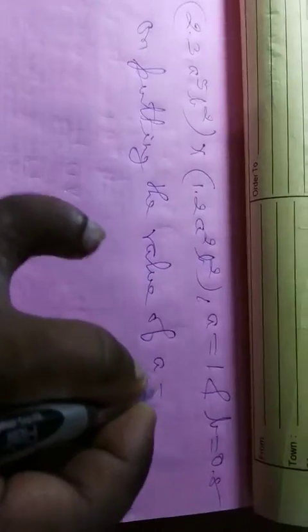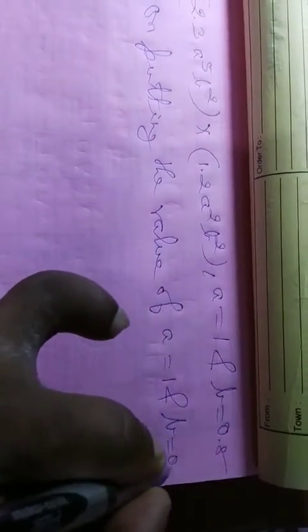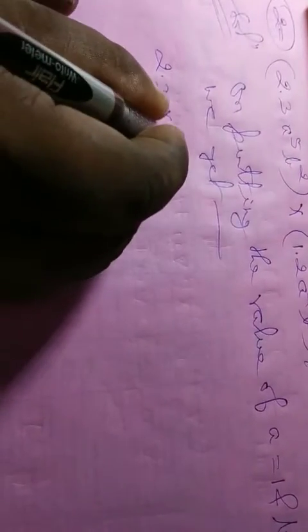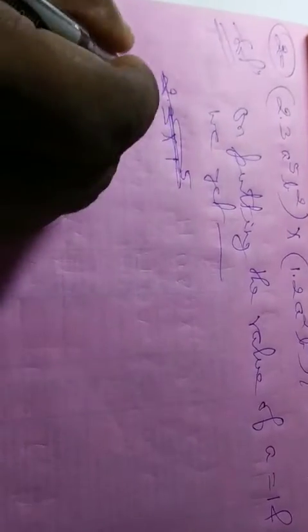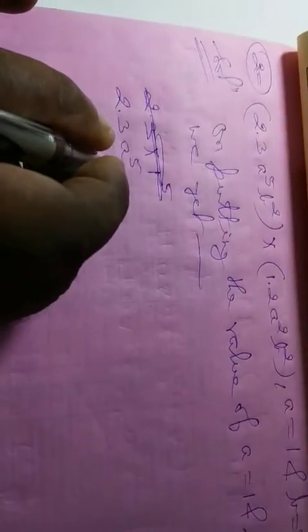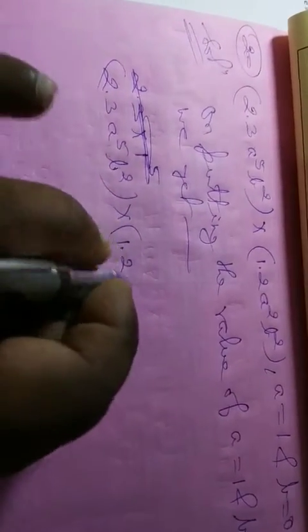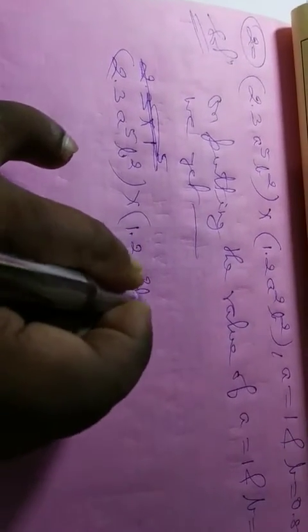Here the value of a is equal to 1 and the value of b is equal to 0.5. On putting the value of a is equal to 1 and b is equal to 0.5, we get 2.3 into a to the power 5 b square into 1.2 a square b square.